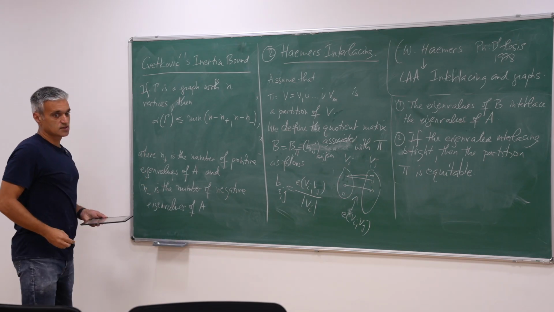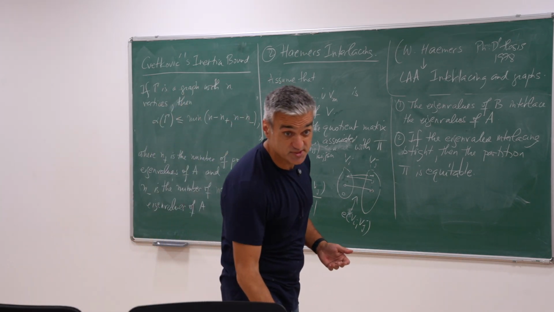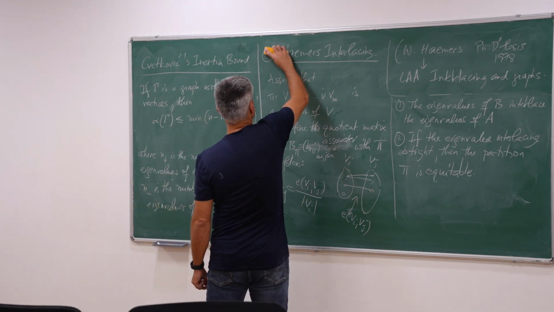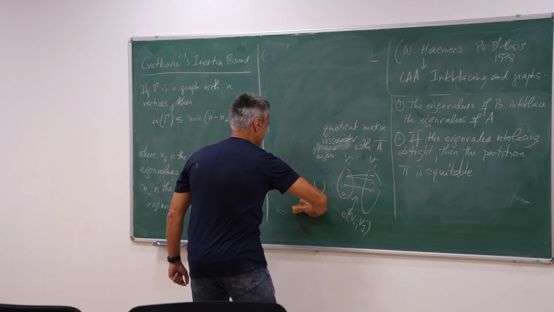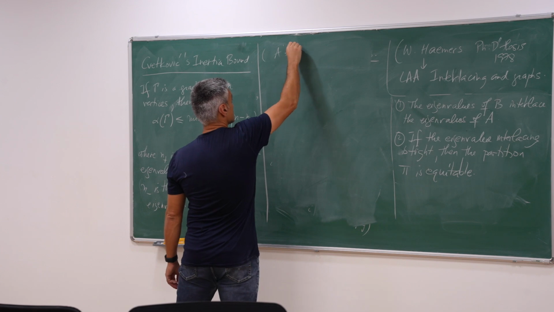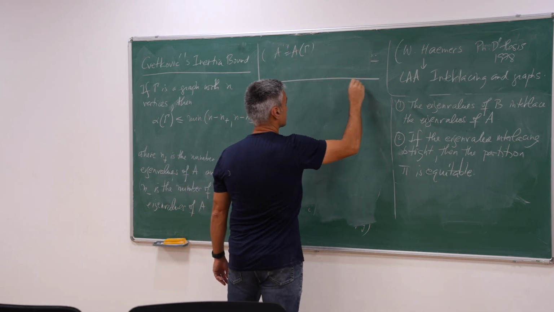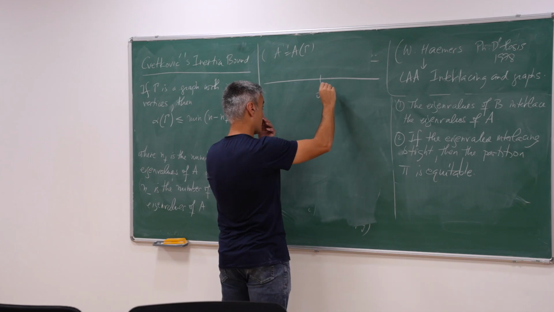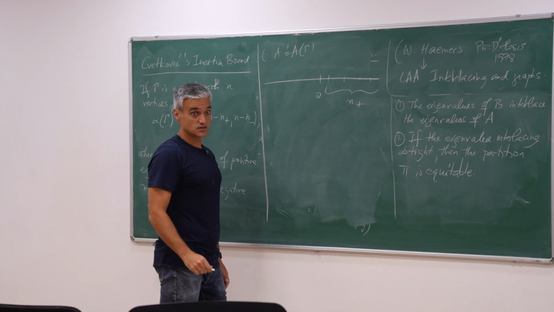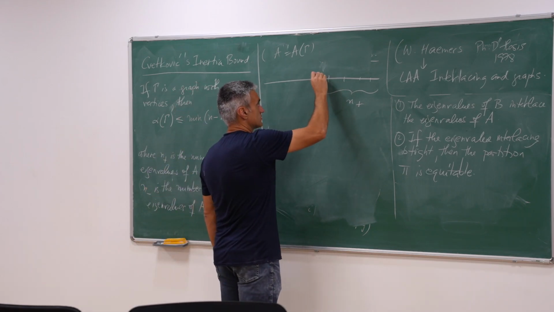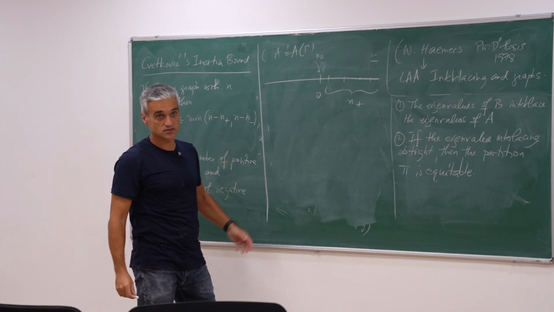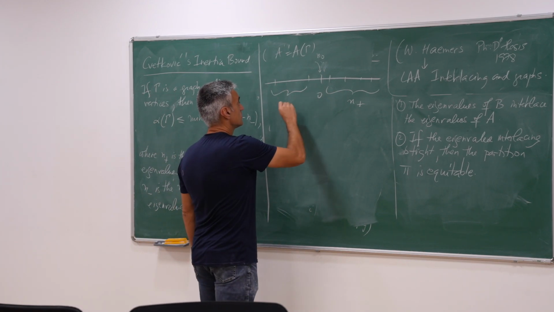So A has positive, negative, and also 0 eigenvalues. Okay? So A is the adjacency matrix of gamma, and when you look at its eigenvalues, let's say 0 is here, everything from here to here, if you count, you will get n plus. If you have something at 0, you will count n0 because 0 may have a multiplicity, okay? And then from here to here, you will have n minus.